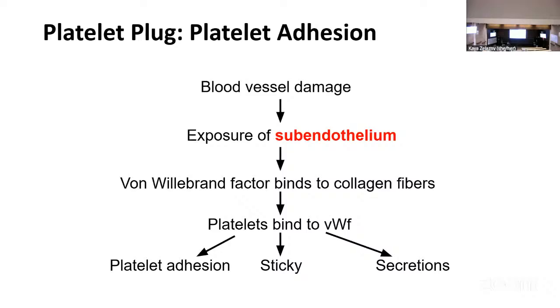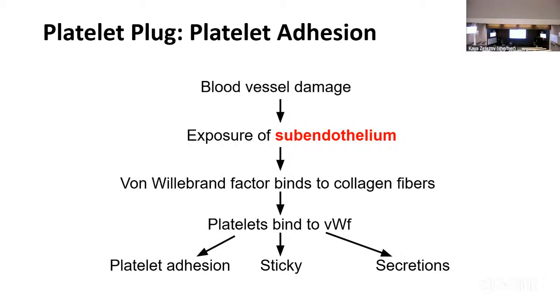Okay, so this is our first new bit. This is a flow chart of what happens as we try to form a platelet plug. This is our first step to trying to actually close the gap where we have an injury.